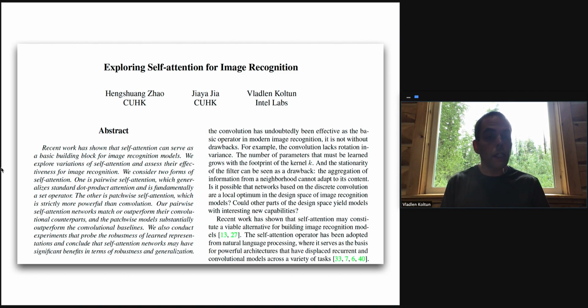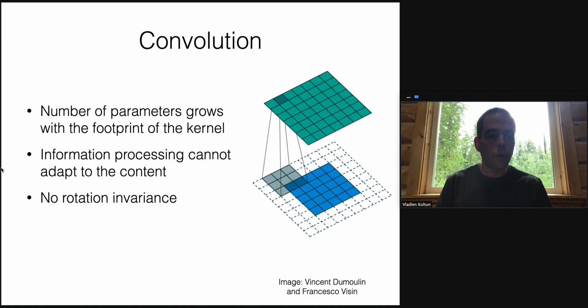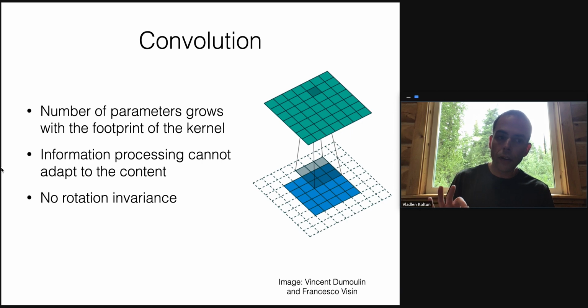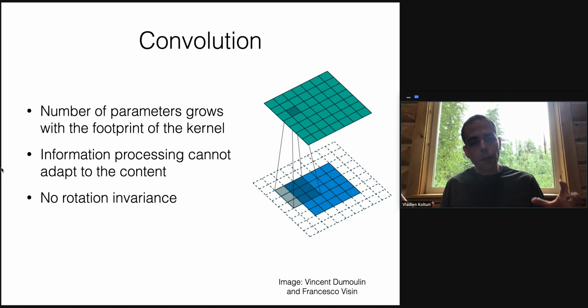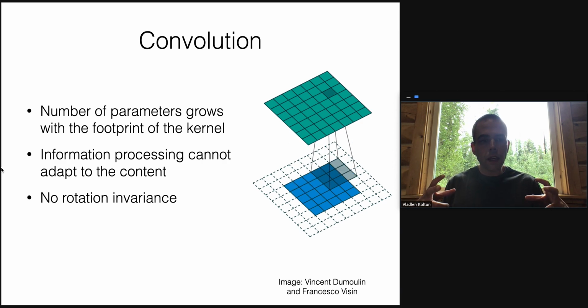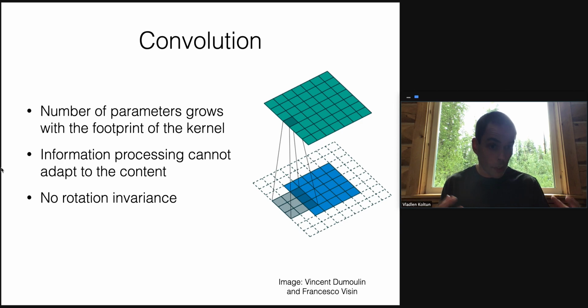The first work is presented this week at CVPR 2020, and in this work we look at the convolution. Now, the convolution, although it is wonderful and elegant, and I personally love it, is not without its drawbacks. For example, the number of parameters in the convolution operator grows with the footprint of the kernel, with the receptive field of the operator.